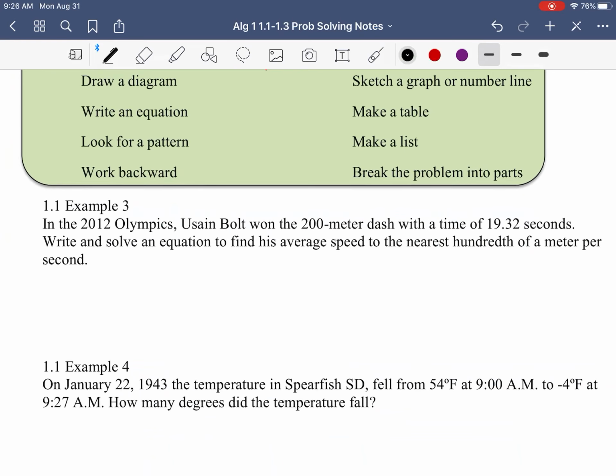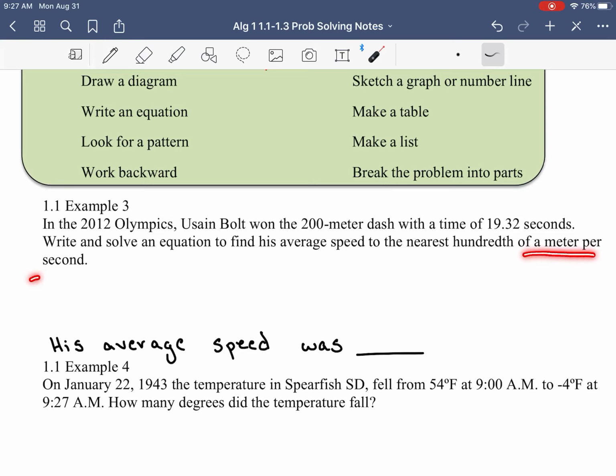So I'm going to write down here at the bottom, his average speed was, and then I'm leaving a blank. And then it tells me here, to the nearest hundredth of a meter per second, so I know my answer needs to be in meters per second.